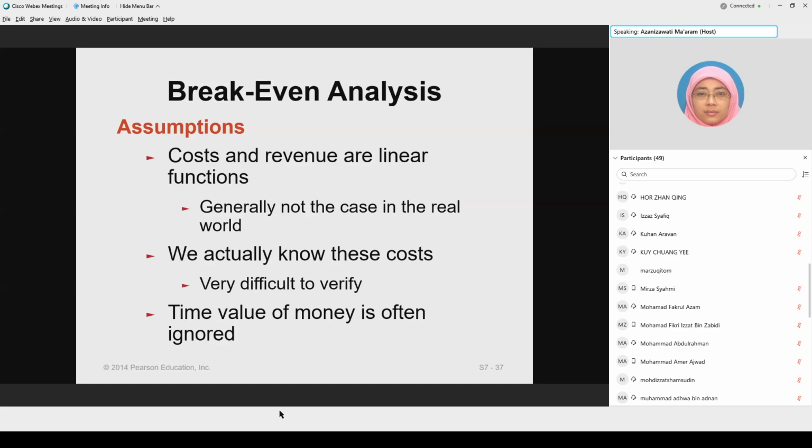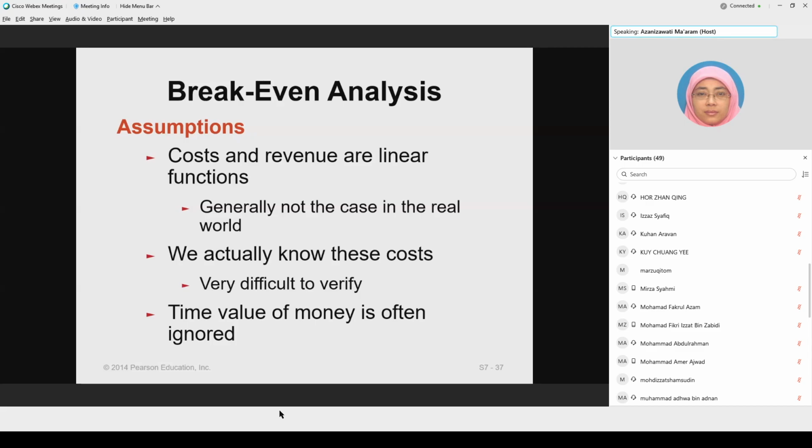The more that you buy, the cheaper per unit will be. But for break-even analysis, because this is a very simple calculation, you can assume that the cost and revenue are always linear functions.